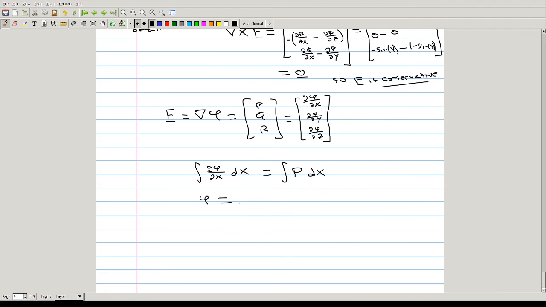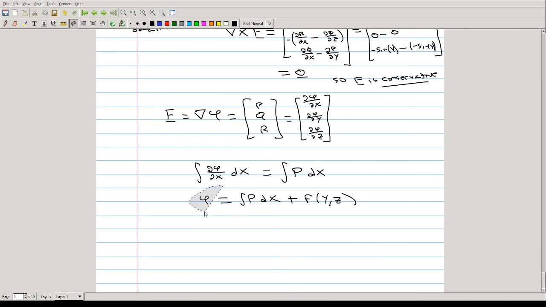And this becomes the integral of p dx plus, in general, not a constant. It's going to be a function of y and z. So in general, when we integrate both sides of this expression, we have to include not a constant, because we're only integrating a partial derivative.